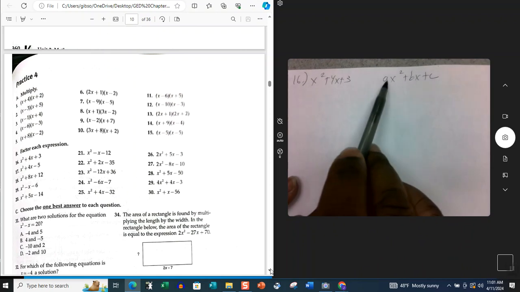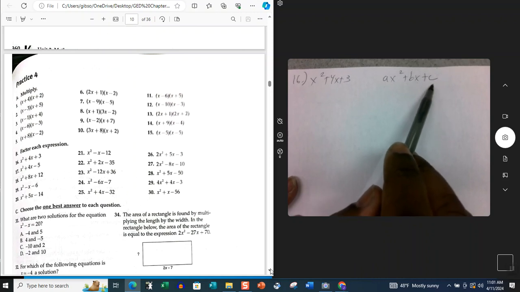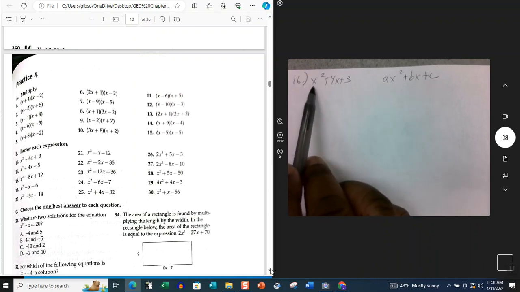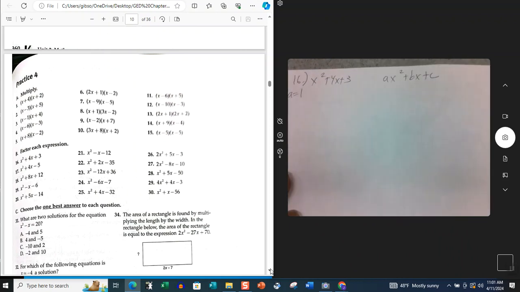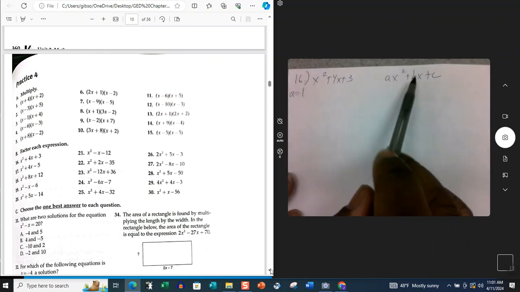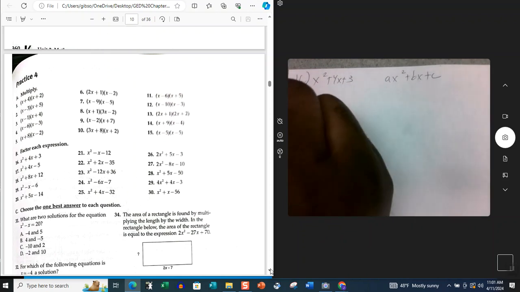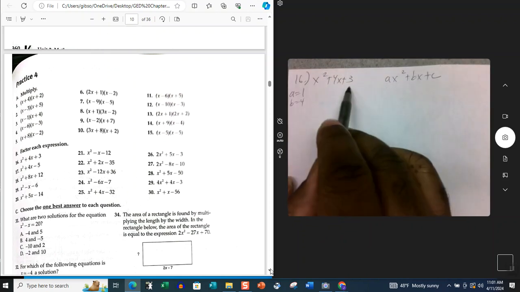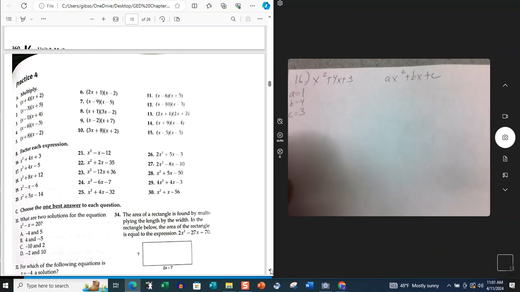So that means the coefficient of x squared is a, the coefficient of x is b, and then you add your constant. Now we look here, the coefficient of x squared is 1. So we'll write a equals 1. The coefficient of x is 4, so b would be 4. And then the constant, the value without the variable, which is c, is 3.